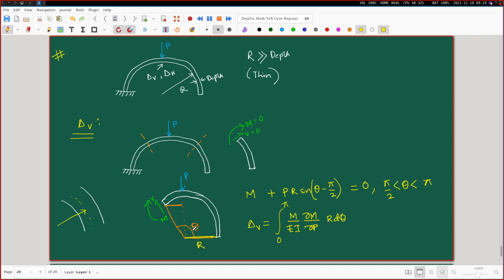But here cos theta will be negative. No, see, theta here itself is greater than pi by 2. So theta will be something like 110 degrees. So it will be like pi by 2 plus a little bit of an acute angle, minus pi by 2. So what you will have in your hand is, I mean, it's fine.